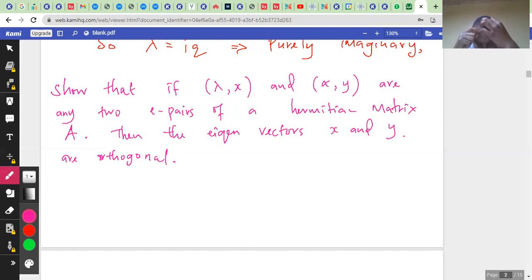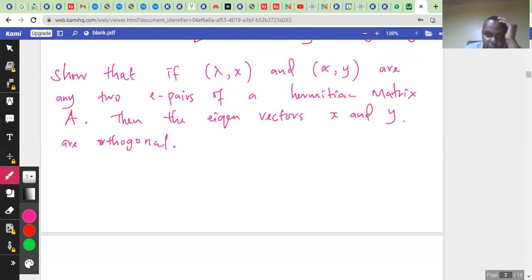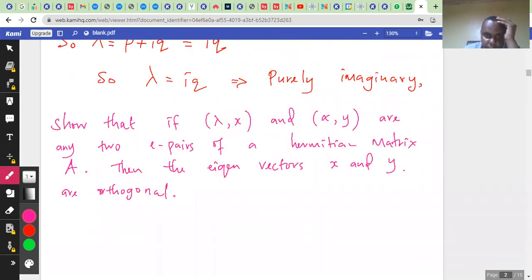These are any two E pairs of a Hermitian matrix A. E pairs mean that for eigenvalue lambda, the eigenvector associated with it is x.